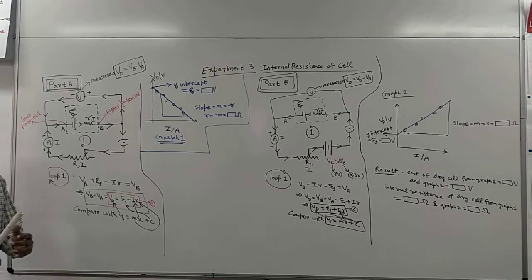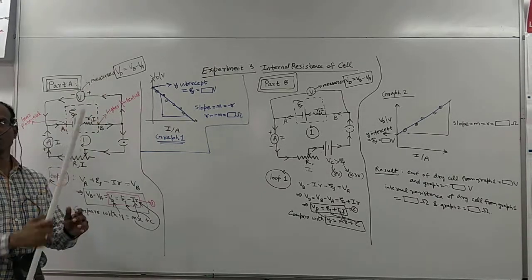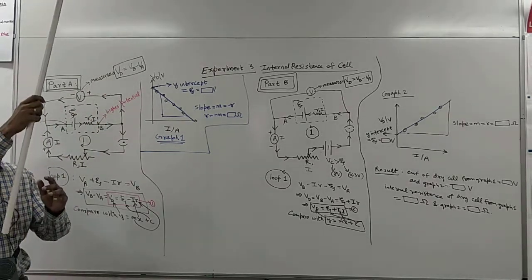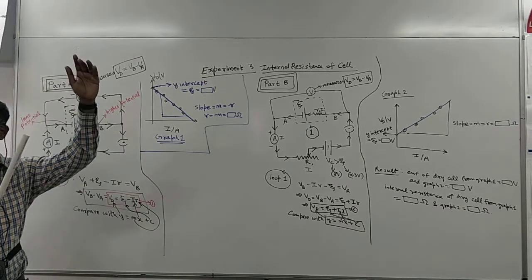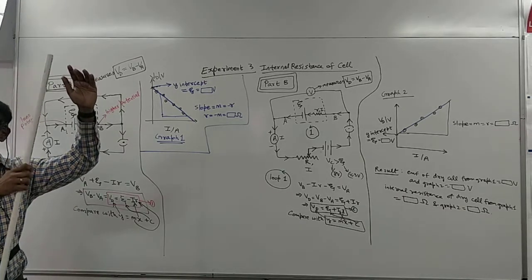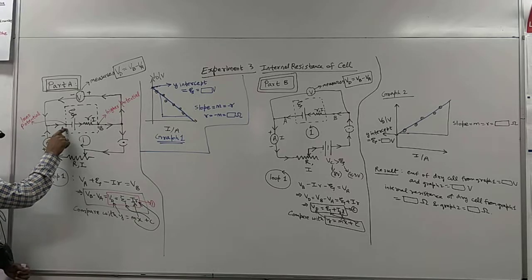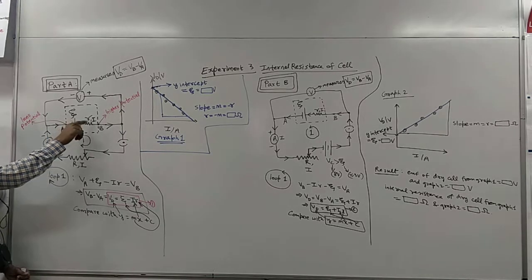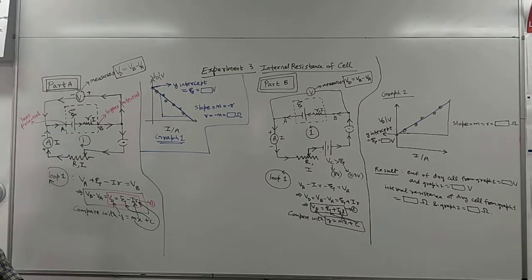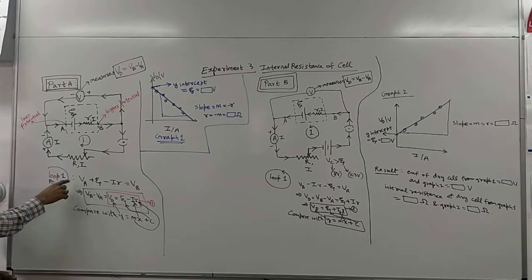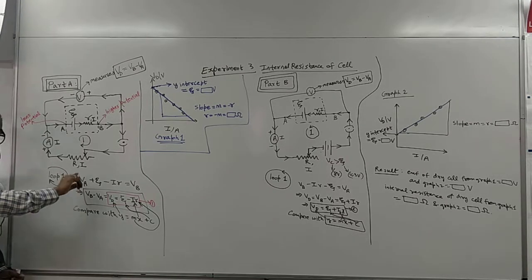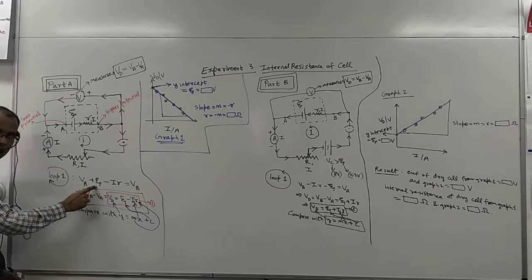If a mass m goes up the hill from ground level to the top of the hill, its potential energy will increase by mgh. Like that, if a positive charge goes from negative terminal to positive terminal, its electric potential will increase. Agreed? Kunal? So from VA, the potential has increased by plus E.